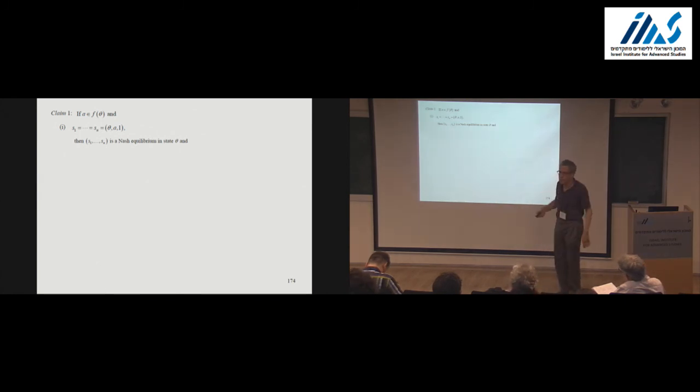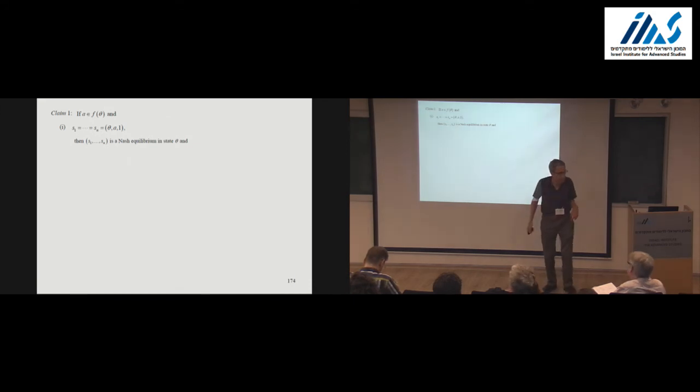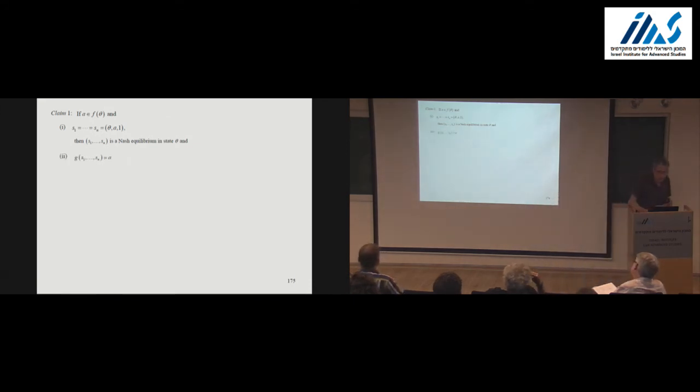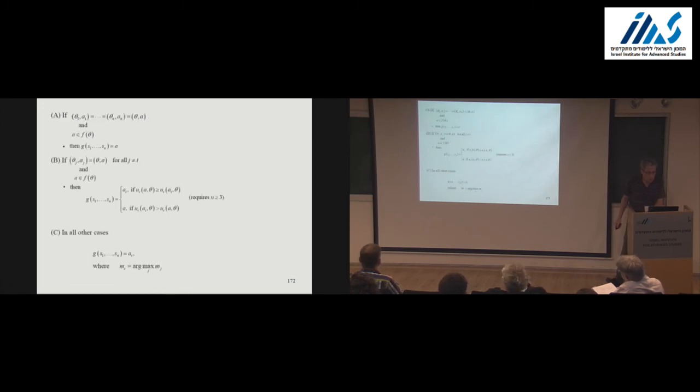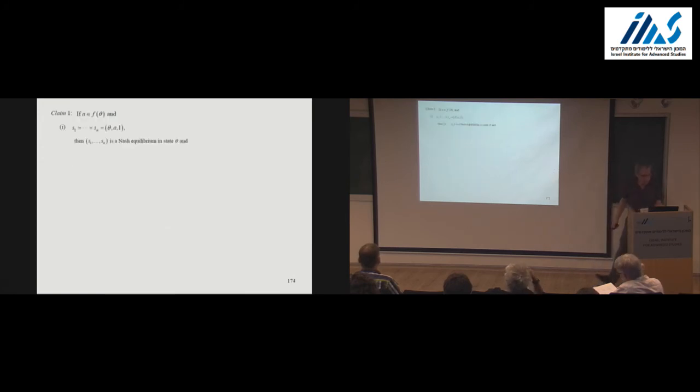But let's suppose that they're all playing integer 1. Then I claim that this is a Nash equilibrium in state theta, and that we get outcome A. Well, this is going to make use of parts A and B of the construction.